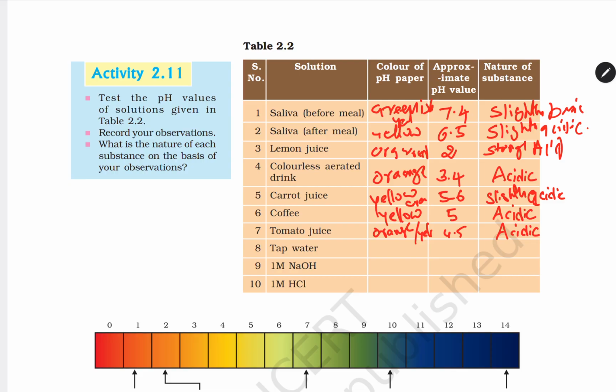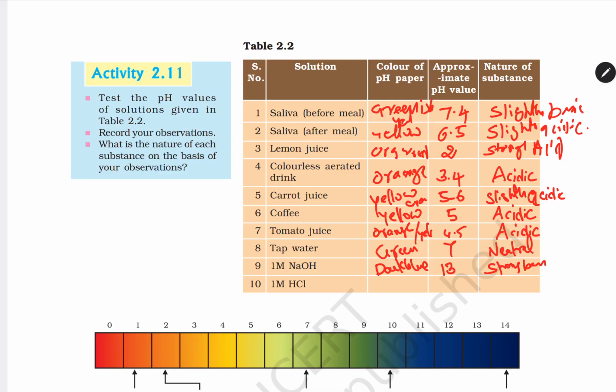Tap water, green color you will find, and 7 is the pH value. It is neutral in nature. Next, 1 NaOH, sodium hydroxide. You will find dark blue color when you dip it. The pH value is between 13 to 14, so it is a strong base.